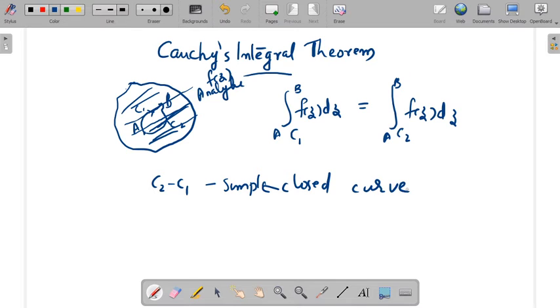So C2 minus C1 is a simple closed curve and it is given that f of z is analytic in this region. So in particular f of z is analytic inside and on C2 minus C1. So using Cauchy's integral theorem, you can say the integral on C2 minus C1 of f of z dz will be equal to 0.